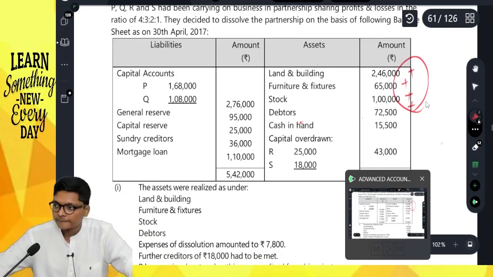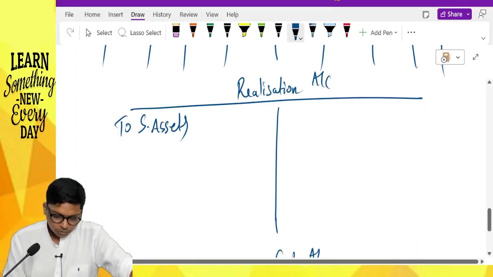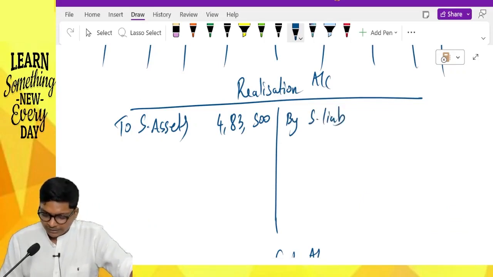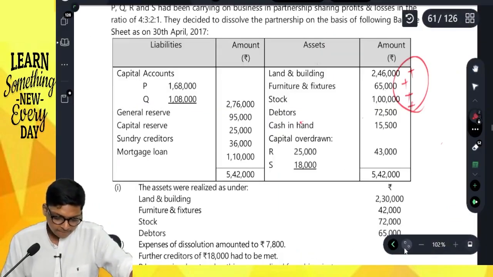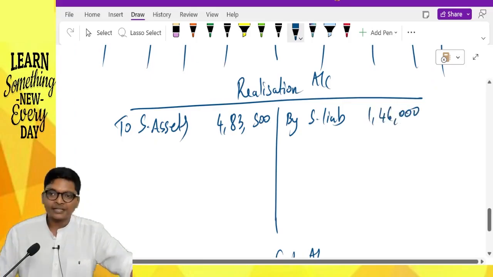How much, guys? 4 lakh 83,500. Similarly, by sundry liabilities, I need to add creditors and loan. That's it. 1 lakh 10 plus 36, 1 lakh 46,000. Write them separately, guys.